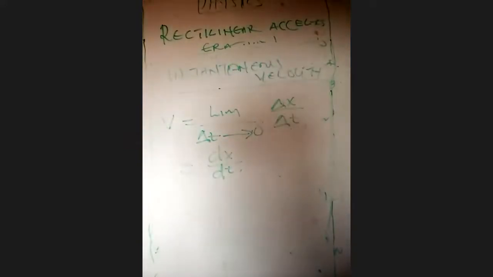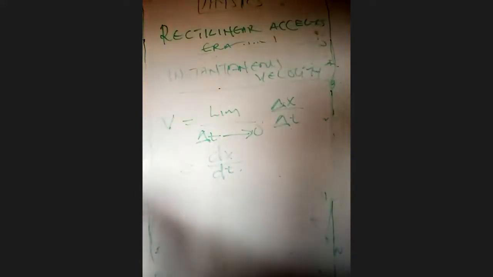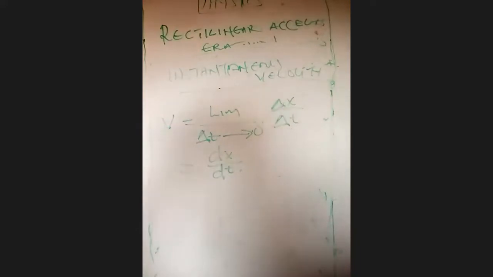So, instantaneous velocity. Remember, we said that it can be found by differentiating the displacement with respect to time. On average velocity, we talk about the displacement and the time, which is the ratio of total displacement over time interval.